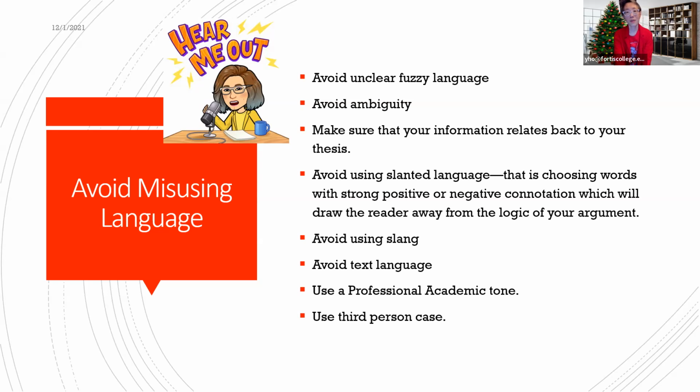So for academic writing, you want your tone to be third person, because when we write an academic paper, we're researching and writing about other people. It's a secondary source. And so when we write about other people, we use third person: he, she, they. Instead of saying you should stay fit, you would say a person should stay fit.